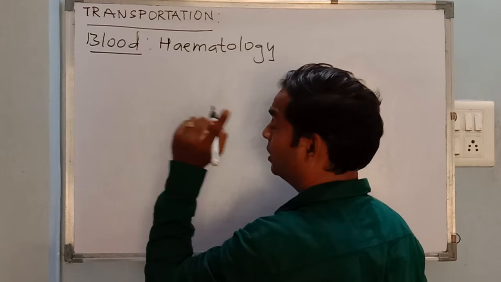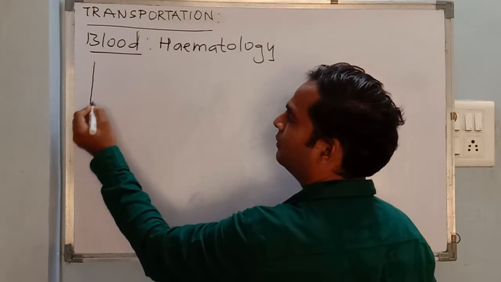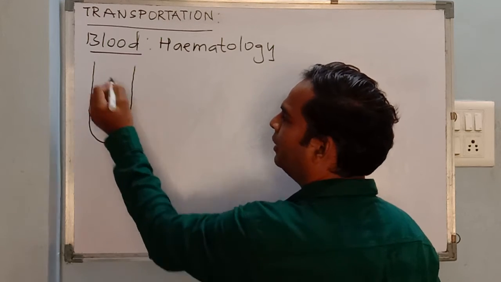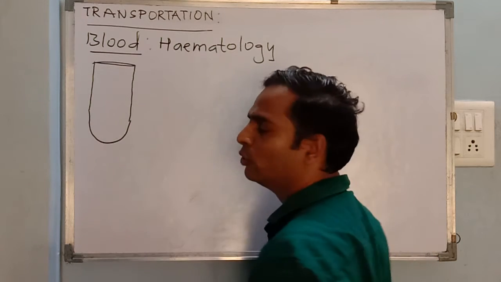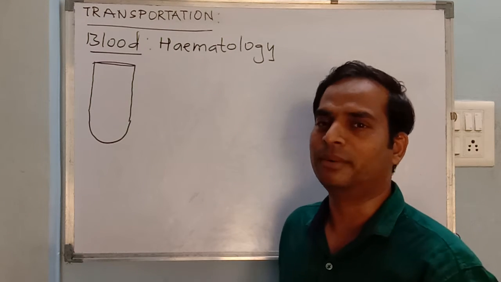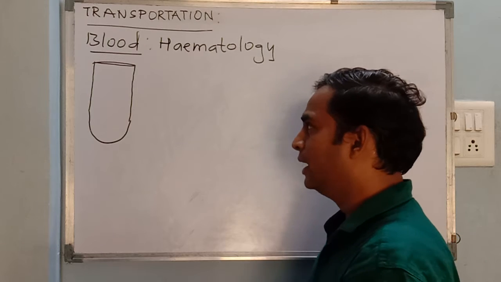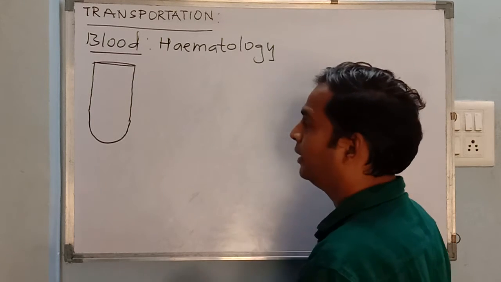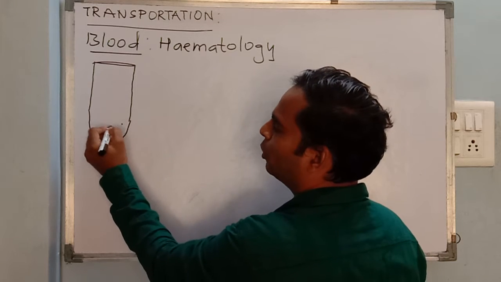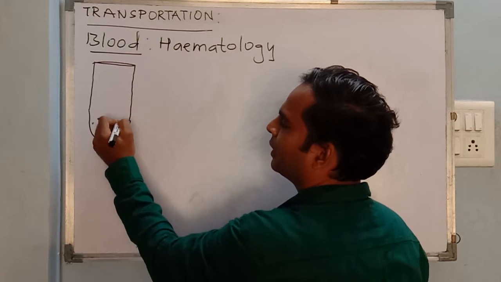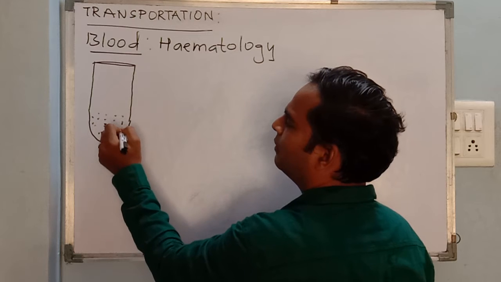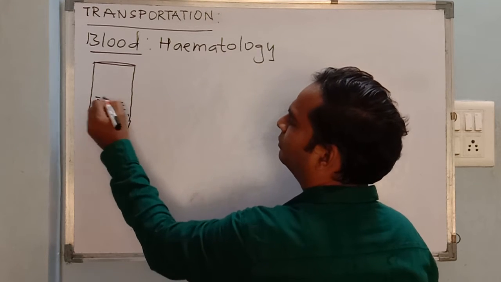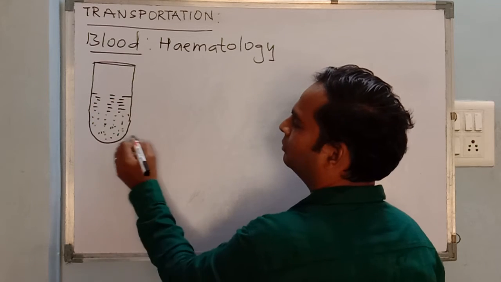If you take blood in a test tube and allow it to settle down for some time without letting it clot, then that blood gets divided into two main components: the solid part and the liquid part.